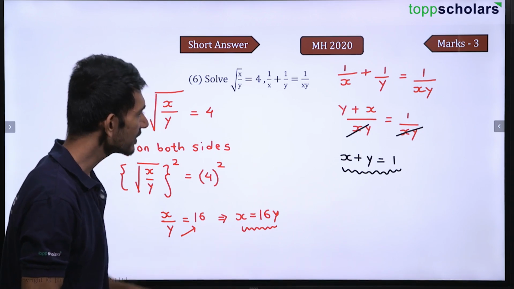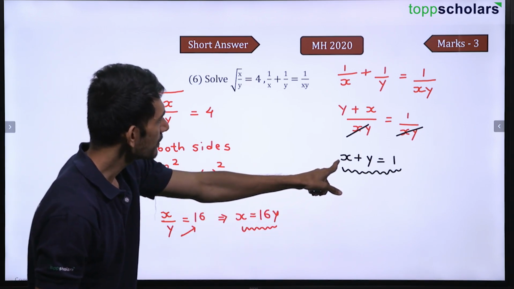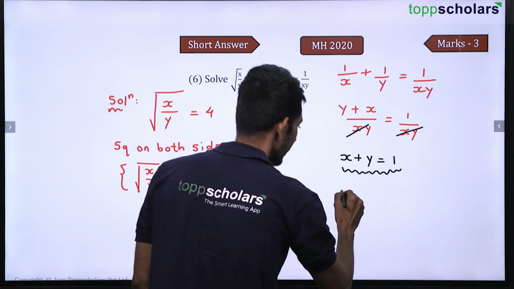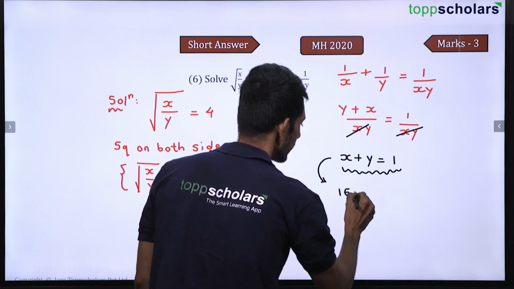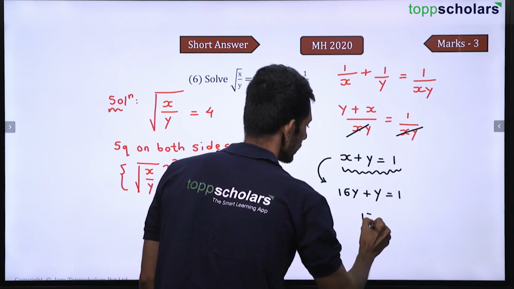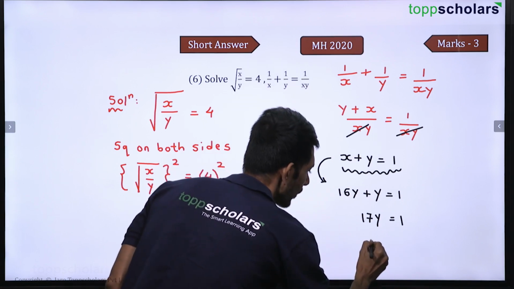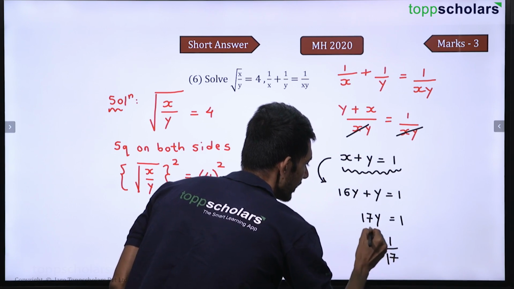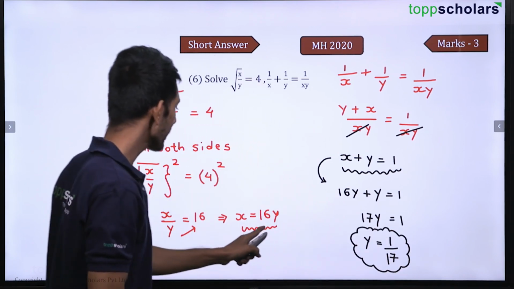I have x is 16y. So can I put 16y here? I get x as 16y plus y is equal to 1. So 17y is equal to 1. So finally I get y is equal to 1 by 17, right? I get y as 1 by 17.